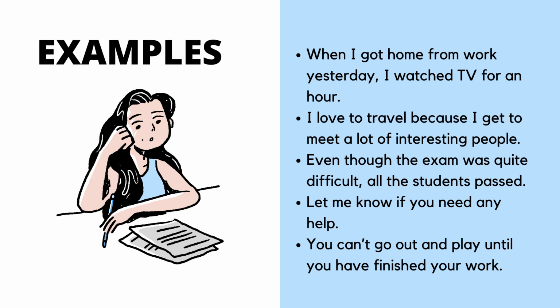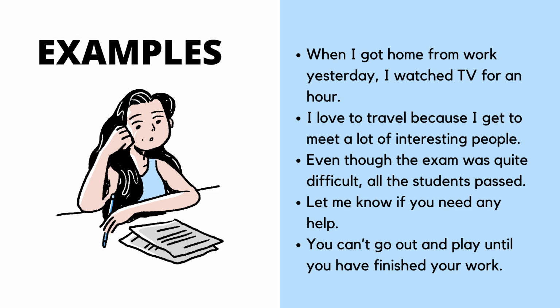Now, let us see some examples for the same. Firstly, when I got home from work yesterday, I watched TV for an hour. Here, I got home from work yesterday is dependent clause and I watched TV for an hour is the independent clause.